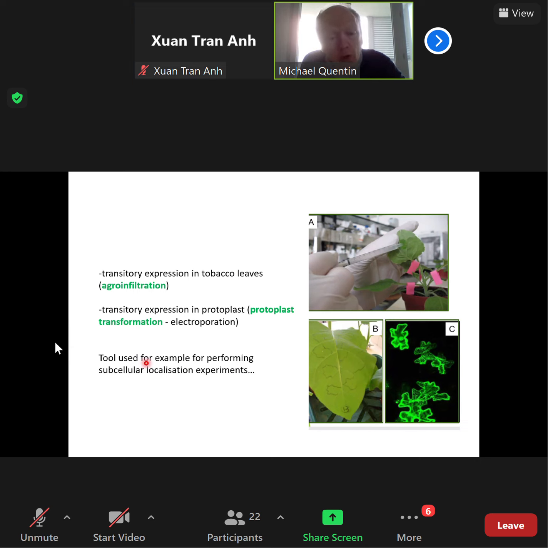So it's a tool meant to do functional analysis and mainly to do subcellular localization experiments, for example. That's what you see here.